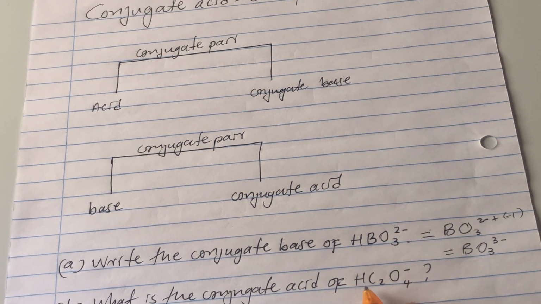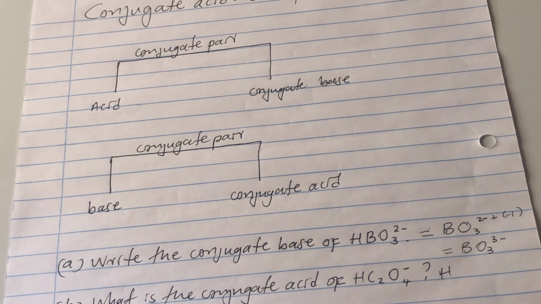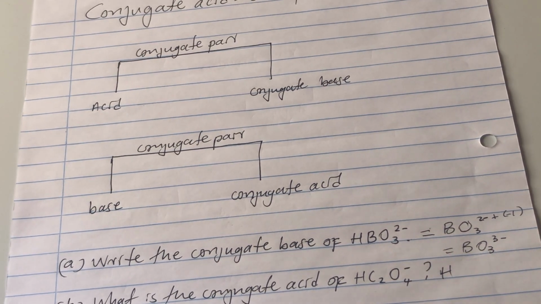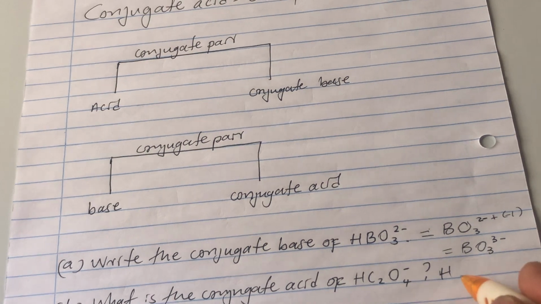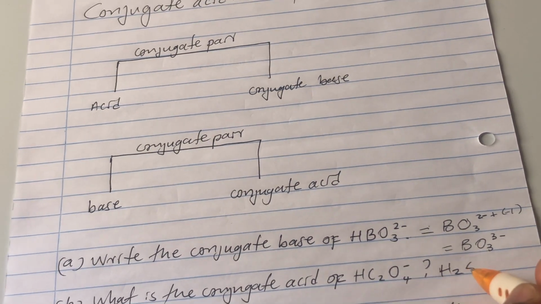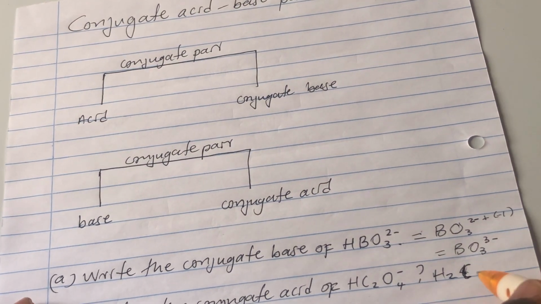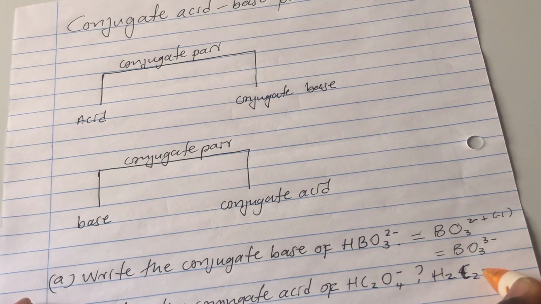This base is going to accept the proton. Because it has accepted a proton, we have one H here, now there'll be two, H2, C2O4.